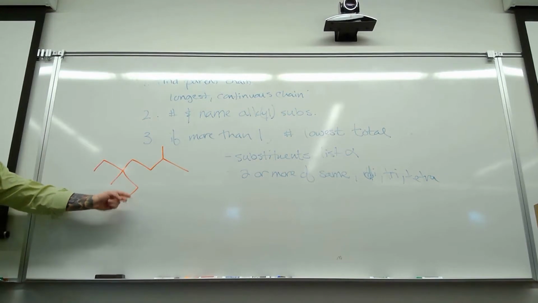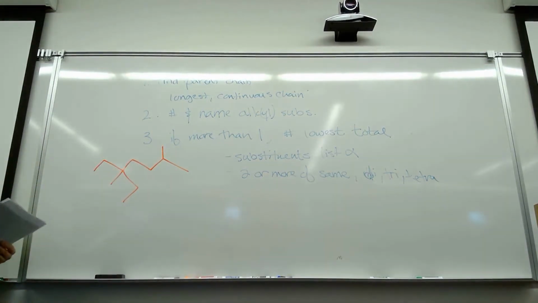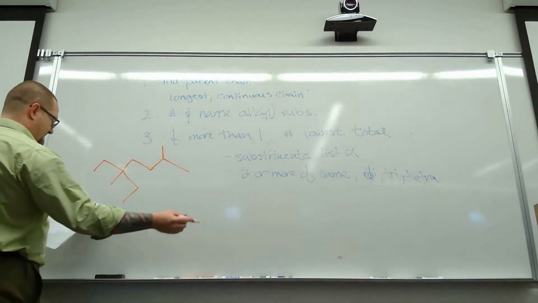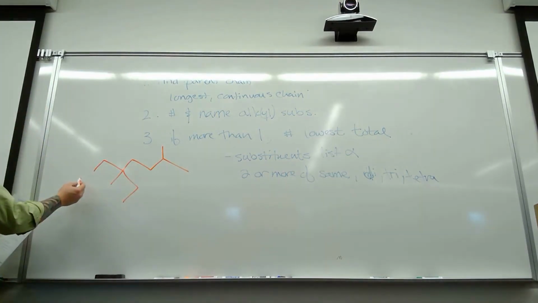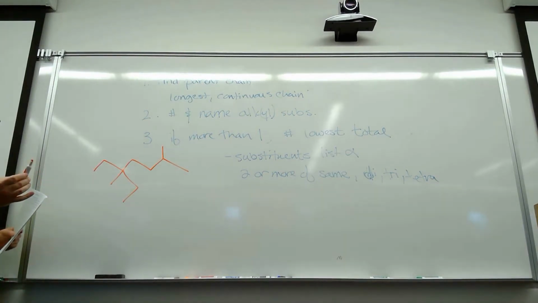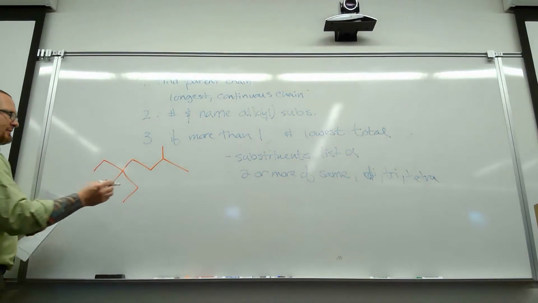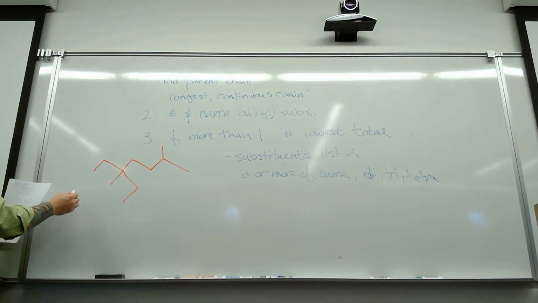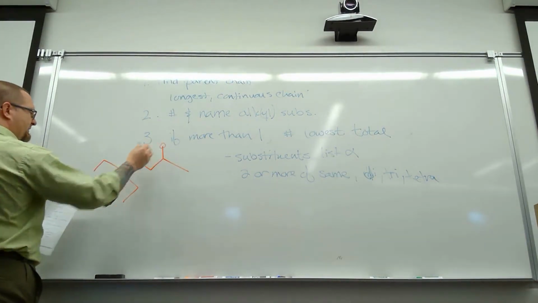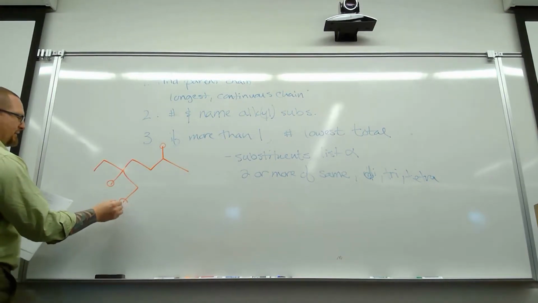They're symmetric, and same thing here. So which side should we start from? From the right side? The left. Well, it's the left because it would have the smallest. But you start from the side that's closest, right? Closest to your substituent.